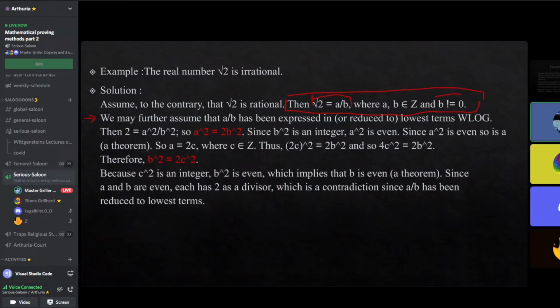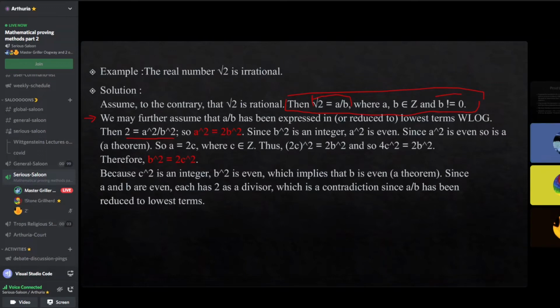You might be confused about how someone might get to this. This is just the restatement of this equation here, but we have squared every side of the equation.